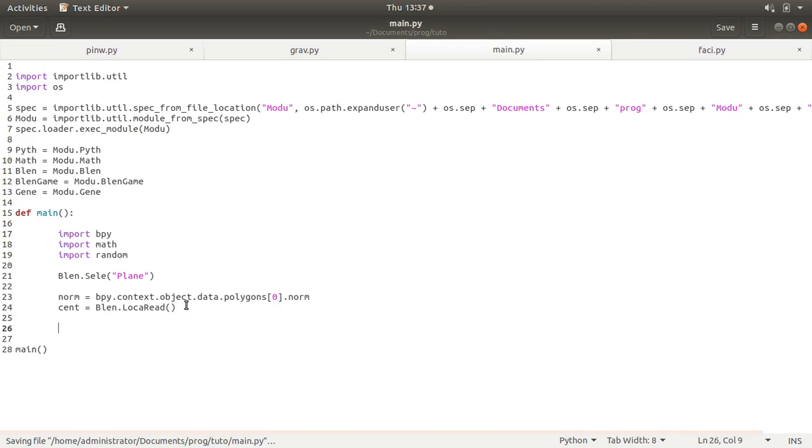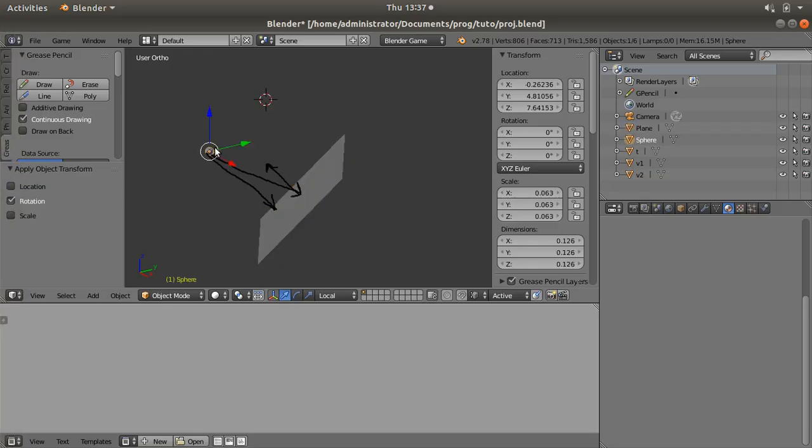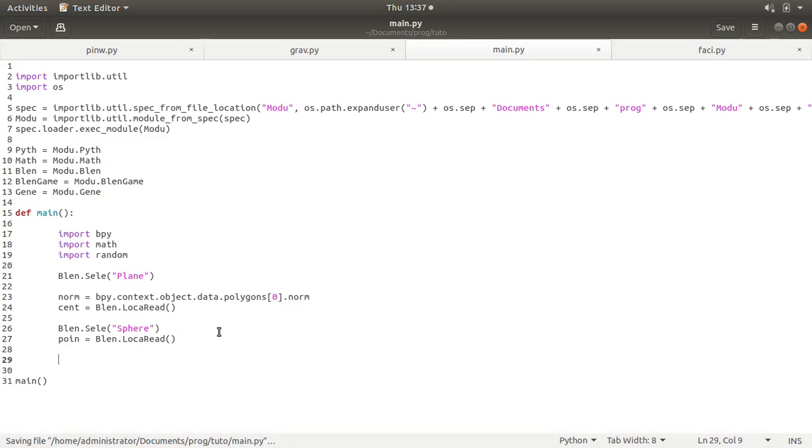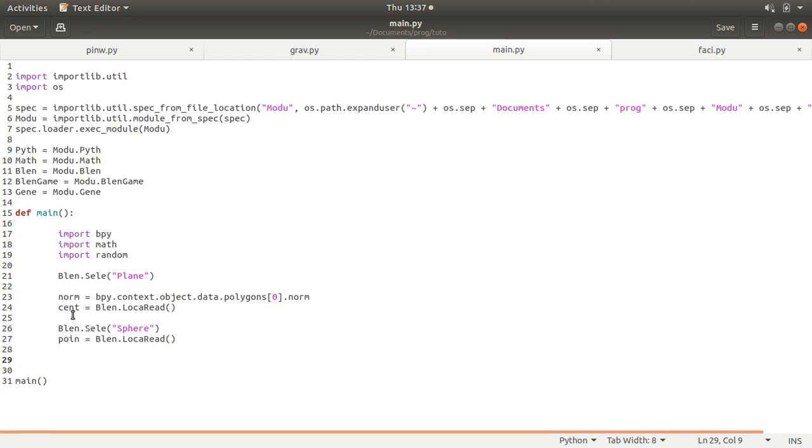Now I get the location of the sphere. Now I need to draw a vector from the point to the plane.